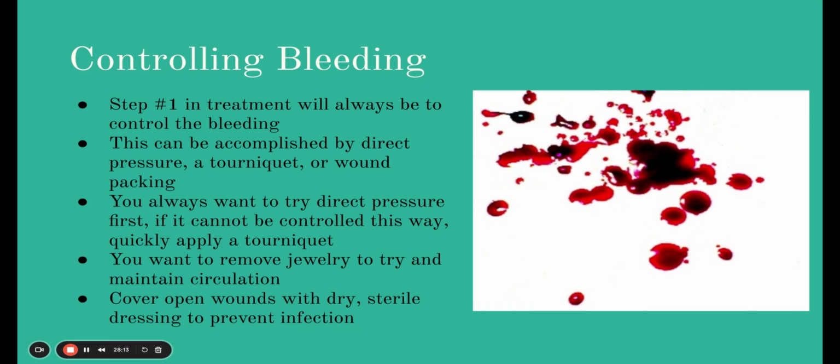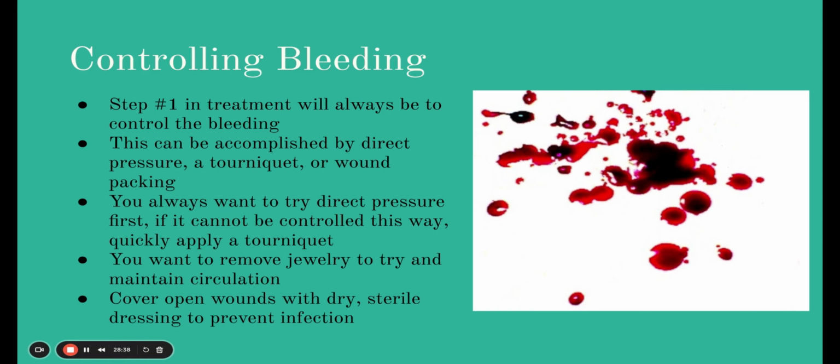You always want to try to remove jewelry from the injury. If they have an injury to their wrist, you want to remove rings or bracelets, because those things can impair circulation, and you want to try to maintain circulation consistently throughout.